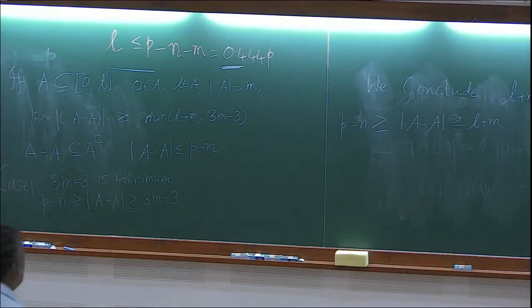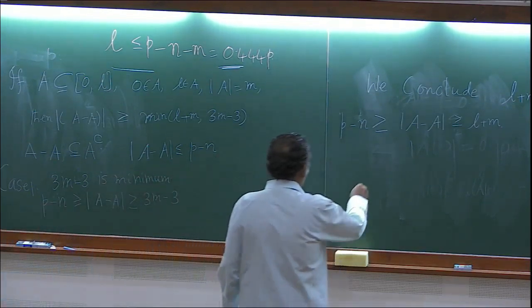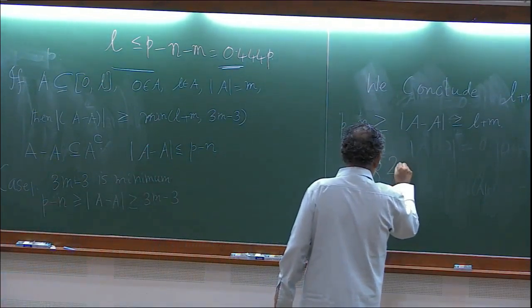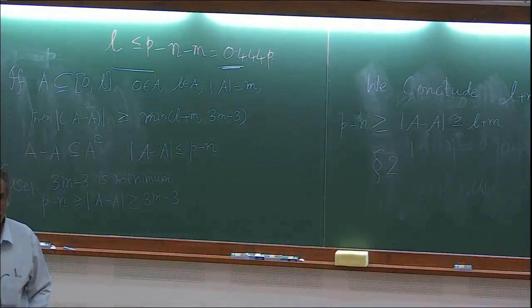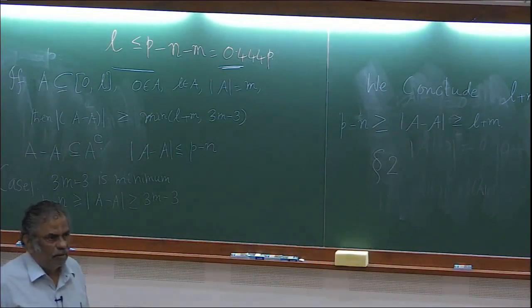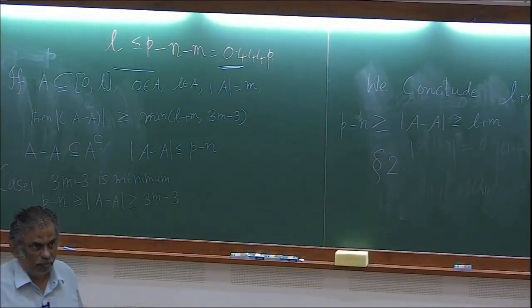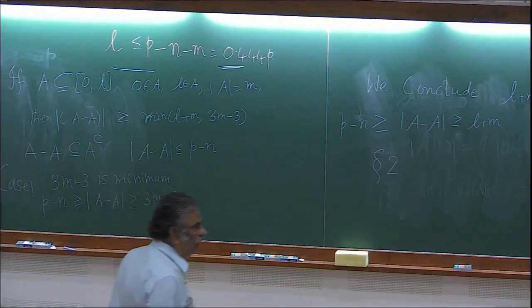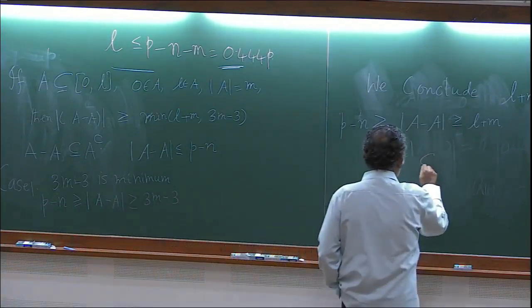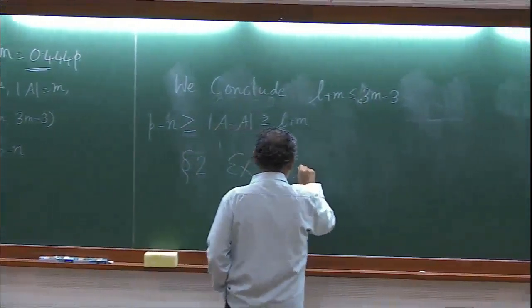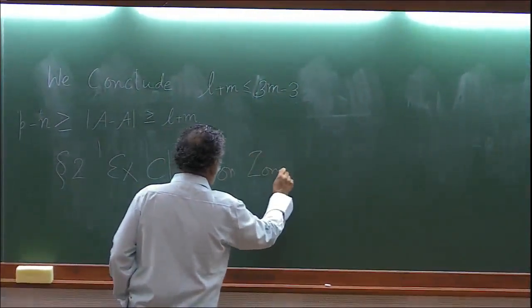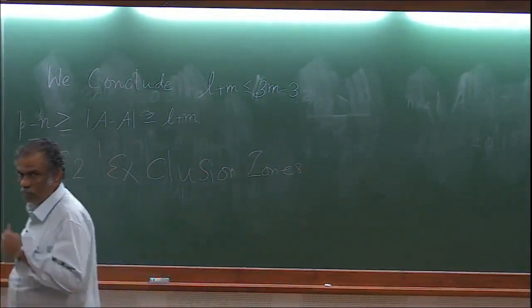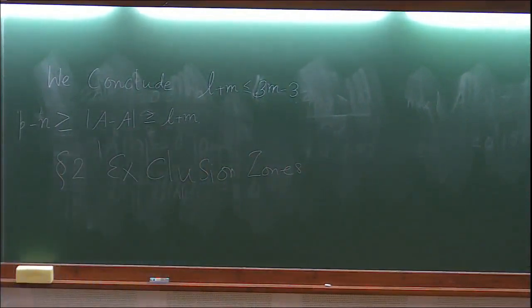Good. Now we go to section 2, where we now change the track. Now we are going to do combinatorics, and this combinatorics is what is called exclusive zones. What does it say?